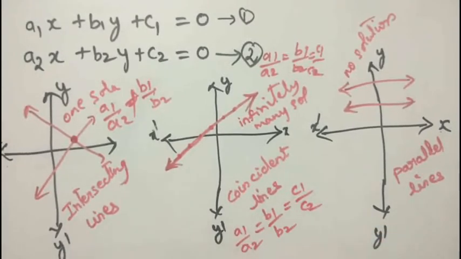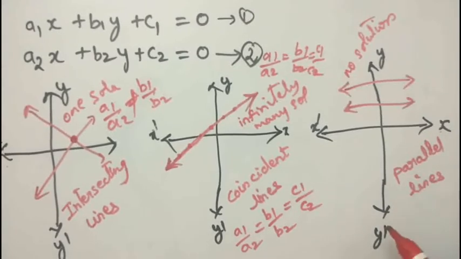If all the ratios are equal, then they are said to be coincident lines. Before plotting the graph, on seeing the equations, if all the three ratios a1 by a2, b1 by b2, c1 by c2 are equal, then they are coincident lines.